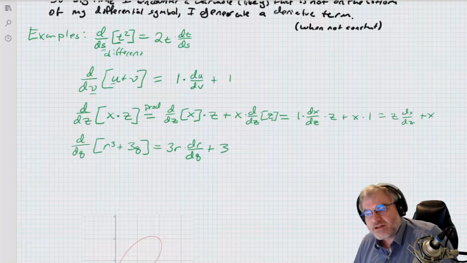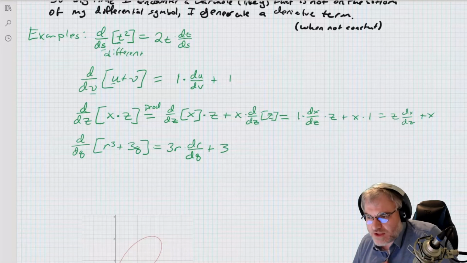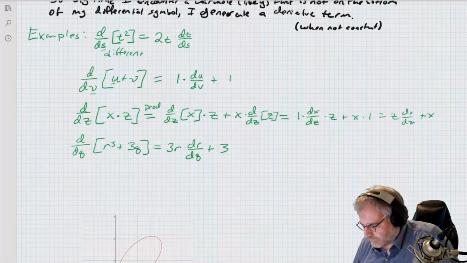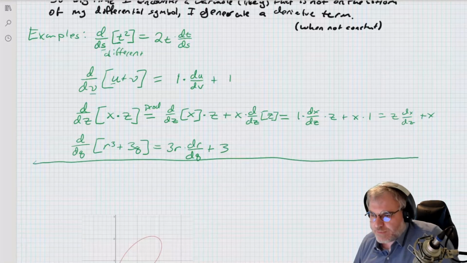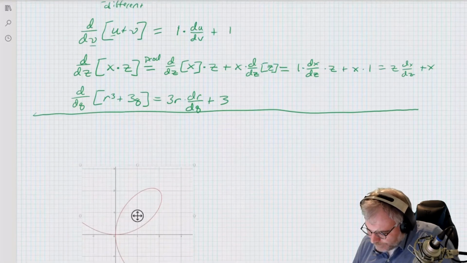Prime's perfectly good. Prime's okay, except it doesn't tell you what you're differentiating in terms of. This always does. That's why I like it. It makes explicit the implicit. I like that.